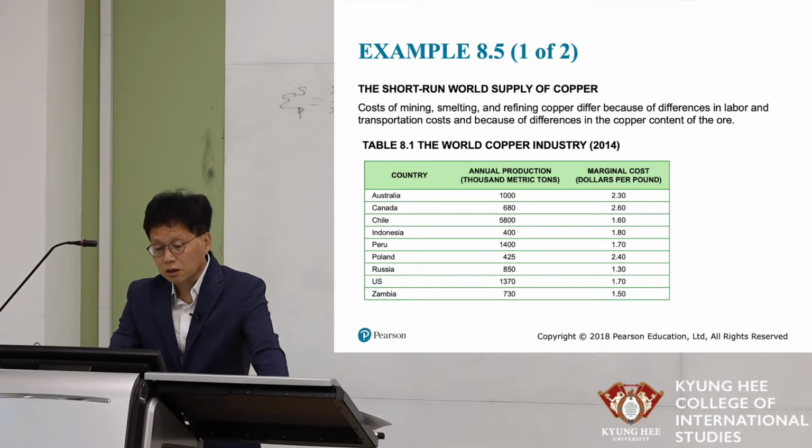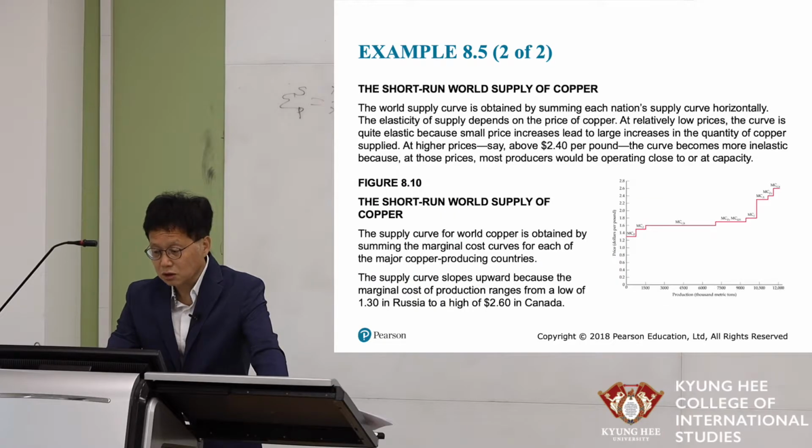So the market supply of copper is the summation of all of these 9 individual countries' supply at each price. Each country has some marginal cost. Using this information, we can derive the world supply curve shown here.